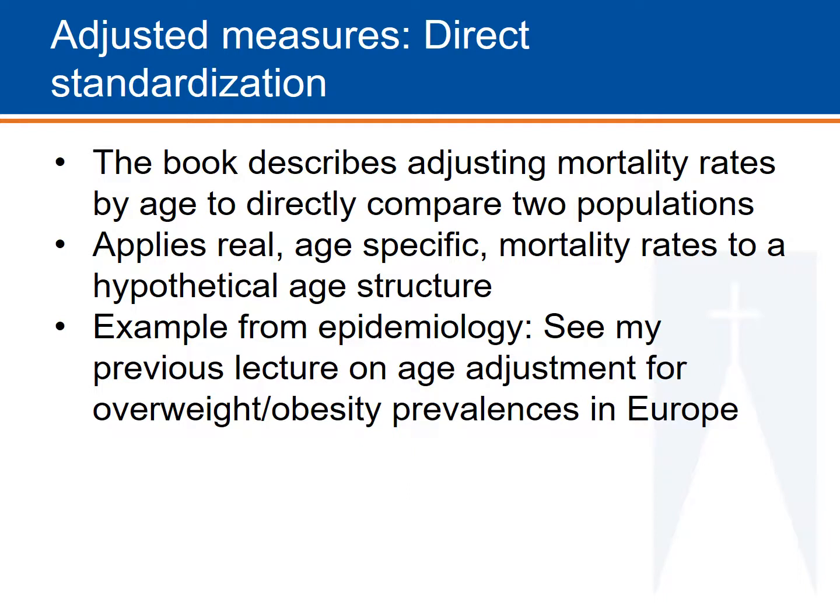So in the example from epidemiology, see that lecture on age adjustment for overweight and obesity prevalences in Europe, where the age structure of Europe was used as the hypothetical age population, where the actual real prevalences were applied to get comparable age-adjusted obesity rates.